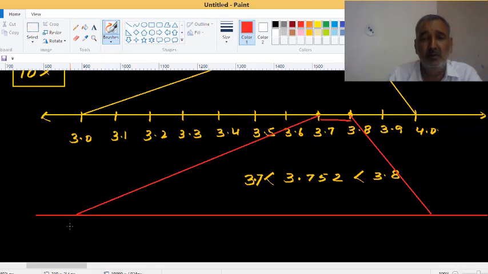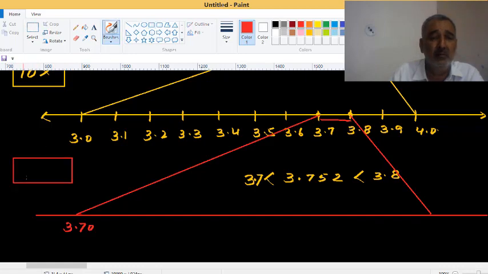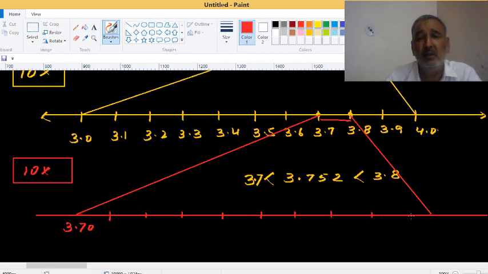So 3.70, now your magnification is once again 10x, 10 times your previous one. So 3.70, 3.71, 3.72, 3, 4, 5, 6, 7, 8, 9, and 10.